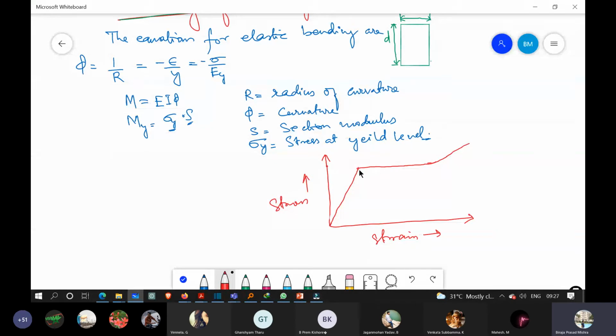These are some of the levels: this is level 1, this is level 2, this is level 3, and this is level 4.